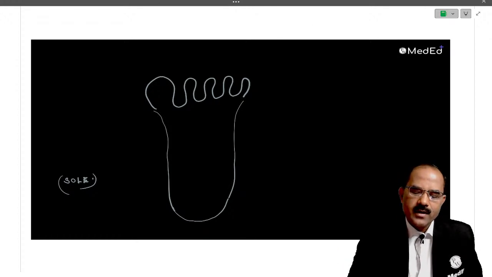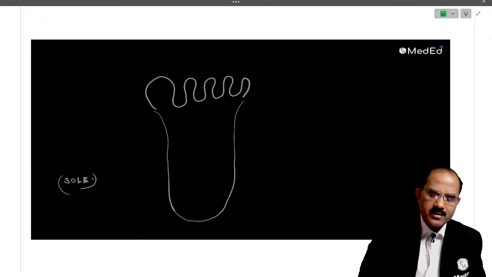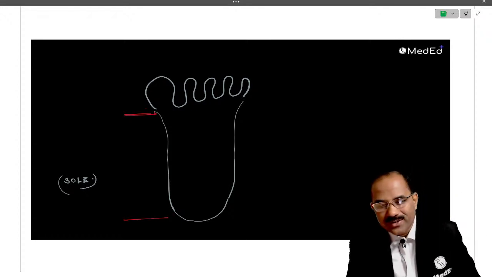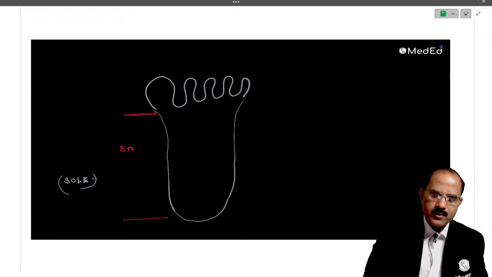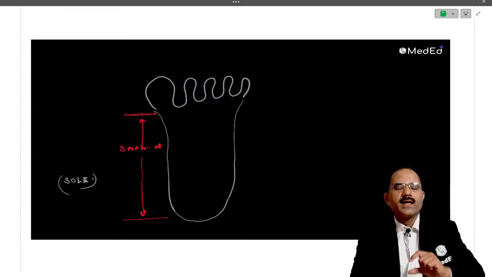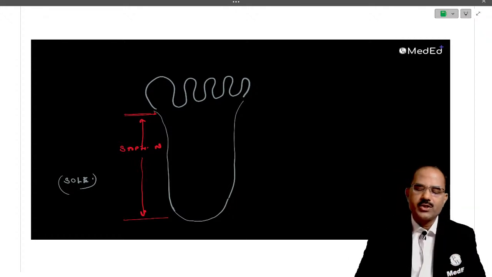Now, who's going to supply the skin on the medial aspect of the leg and the foot up to the ball of great toe? That's the saphenous nerve.